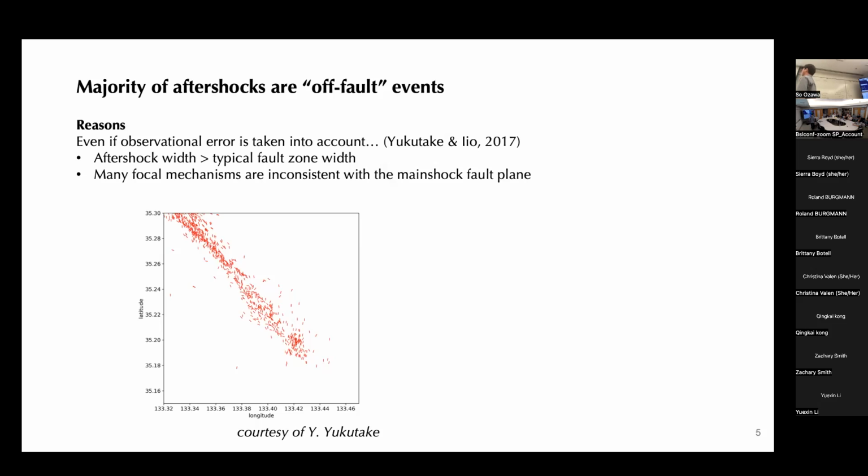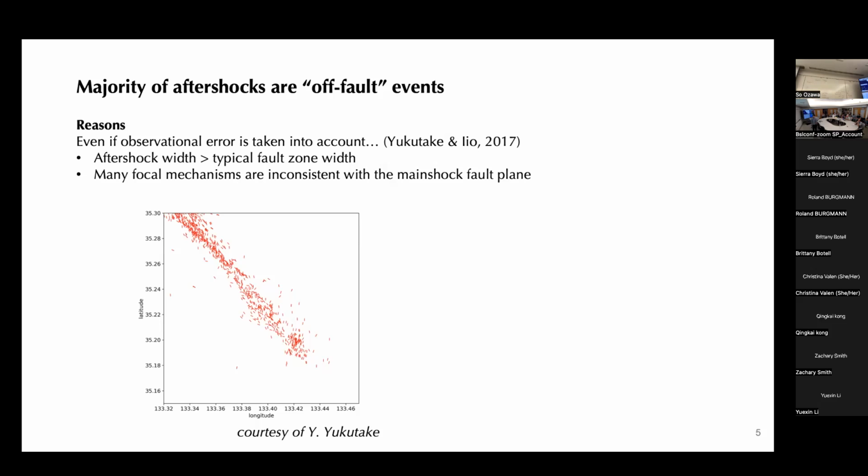The second reason is that many focal mechanisms of aftershocks are inconsistent with the mainshock fault plane inferred from the slip plane and also the focal mechanism of the mainshock. This is explaining the idea here. This is showing the P-axes of aftershocks and also their locations.